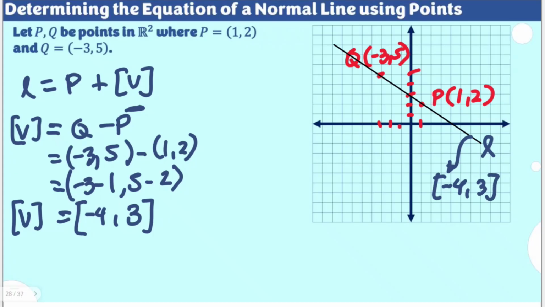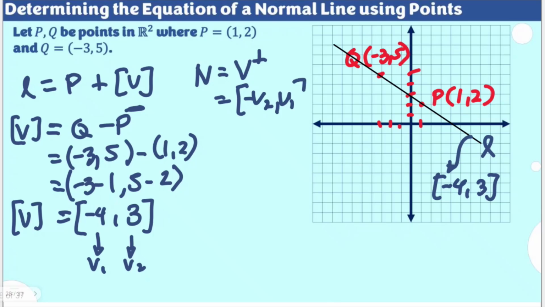But we are to find the normal vector first so that we could identify the direction of the normal line. Now, in order for us to do that, this would be our V sub 1 and this is our V sub 2. The normal vector is identified using this notation, using the same V sub 1 and V sub 2 in our vector V. So, since our V sub 2 is 3, this would mean this is -3, and V sub 1 is -4.